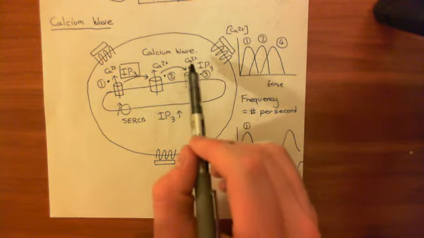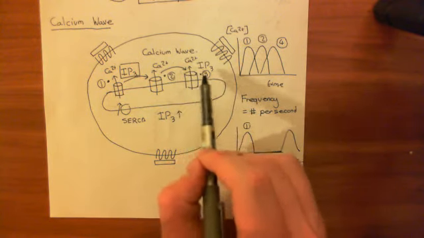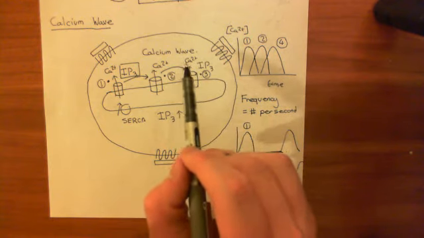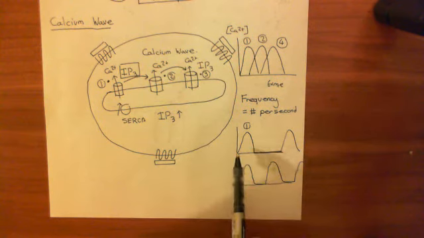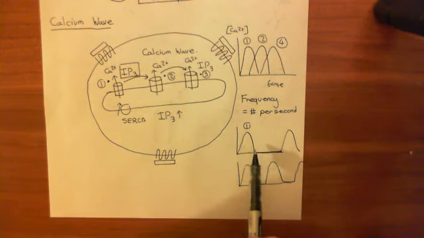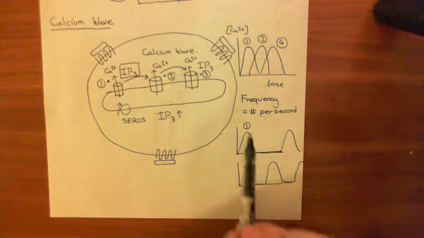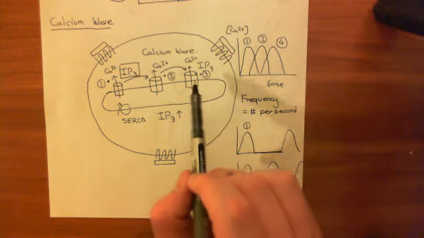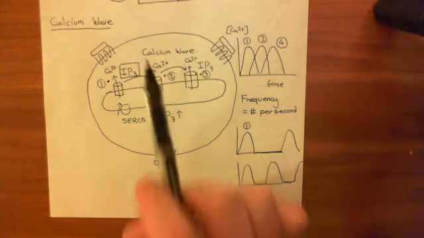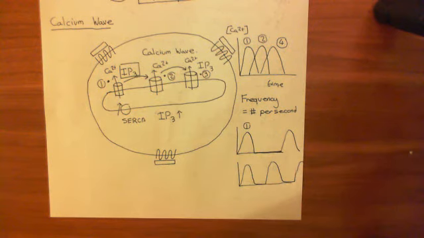The IP3 receptors will allow the concentration of calcium nearby them to get to a certain level before that calcium starts having a negative feedback. So you can't raise the amplitude of this calcium spike, basically, within the wave. Instead, the intensity of the stimulus is encoded by how frequent the calcium waves are, rather than by amplitude.